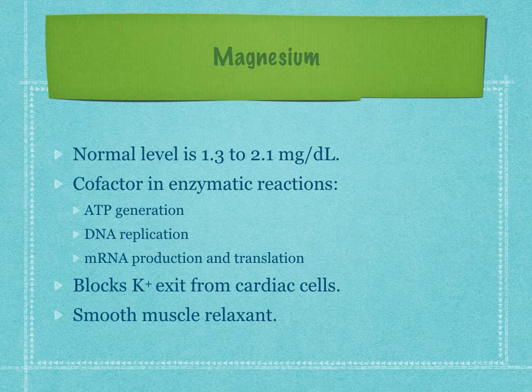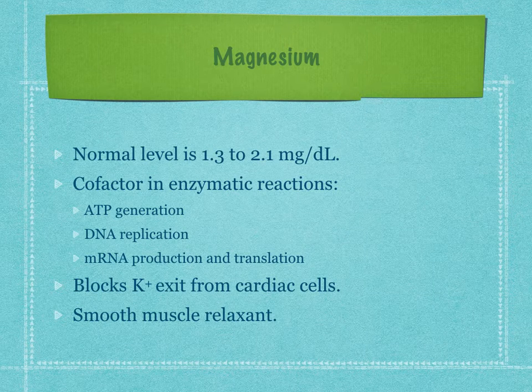Because of that action, it is given to pregnant women who have something known as preeclampsia or eclampsia, which is a very serious condition that occurs in women only during pregnancy. And you'll learn more about the causes and everything of preeclampsia and eclampsia when you take OB. But one of the things that happens, especially when a woman moves from preeclampsia into eclampsia, is they get seizures.